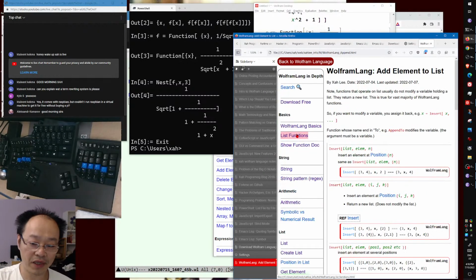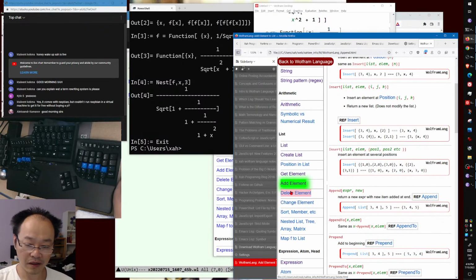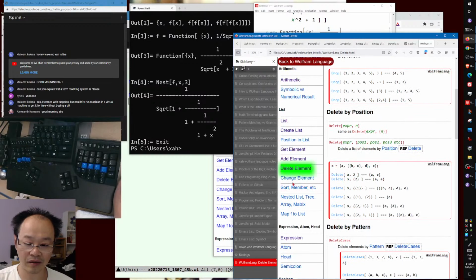How do you add an element: append, prepend, insert? In JavaScript, for example, you have splice, and various different names. In Python, you have, anyway. How do you delete an element? How do you change an element?